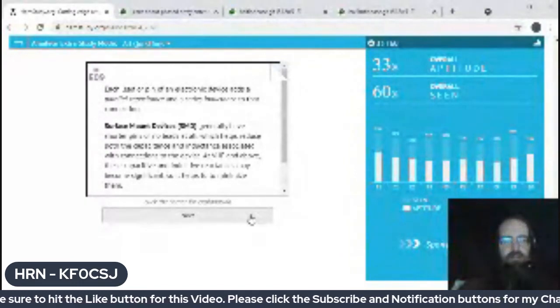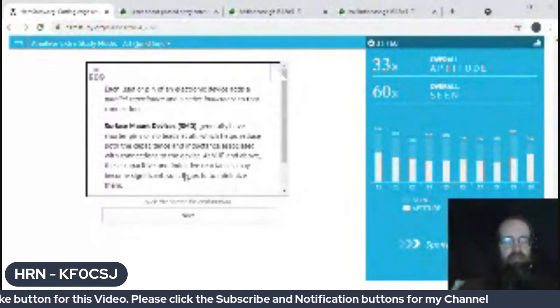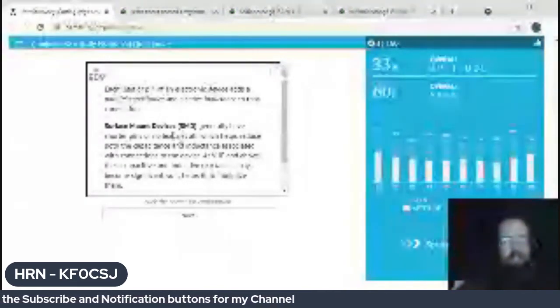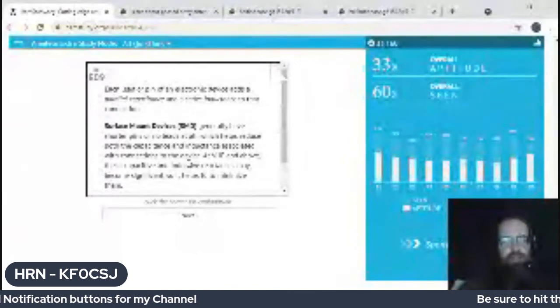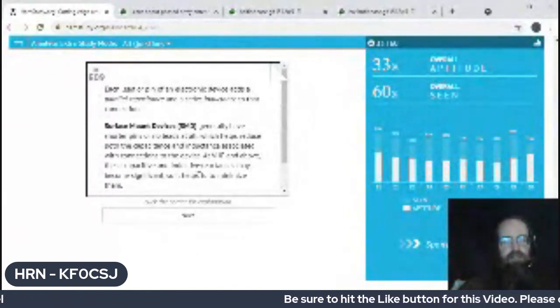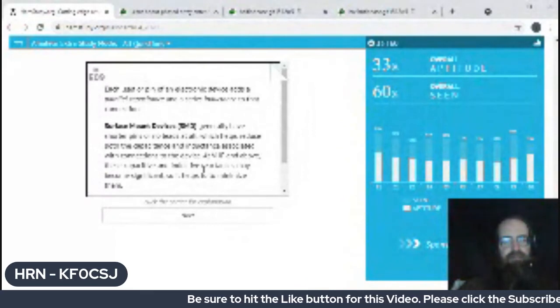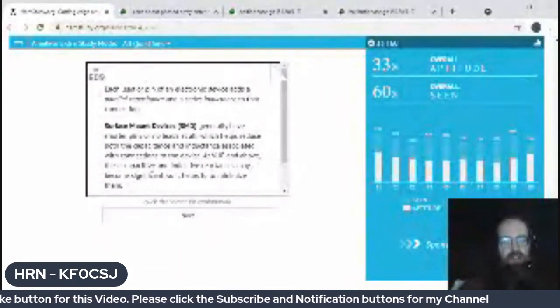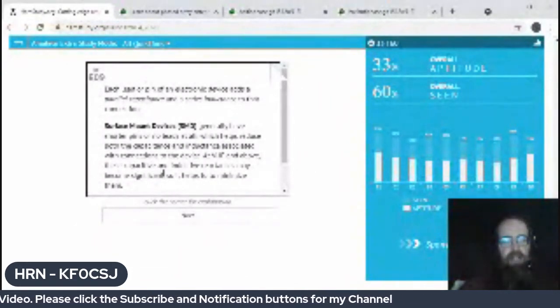So this is a similar thing. Another reason for surface mounted devices is that at the higher frequencies, things can start to have capacitive and inductive reactance.